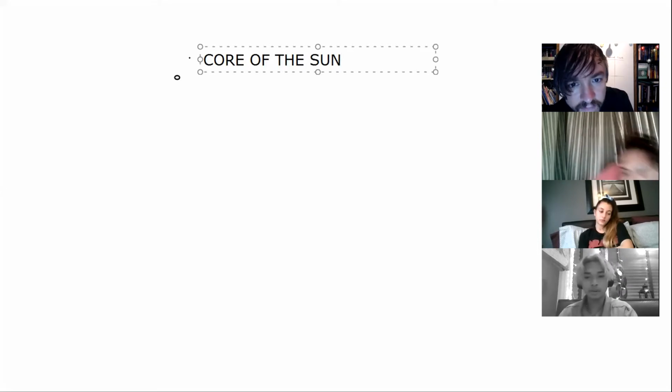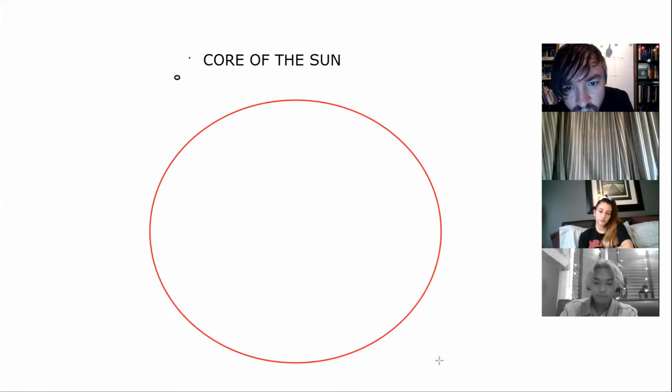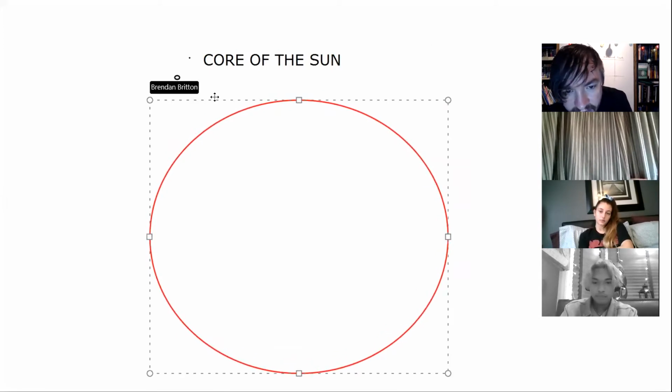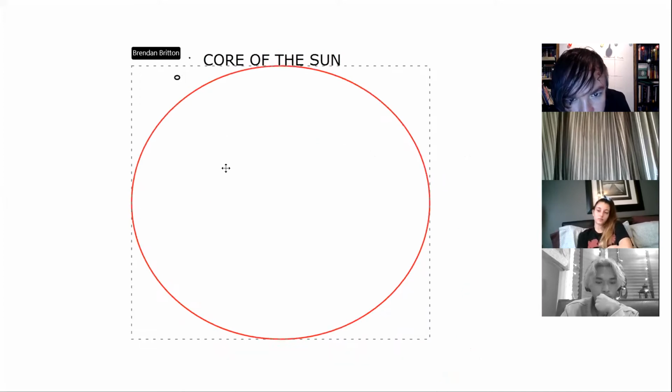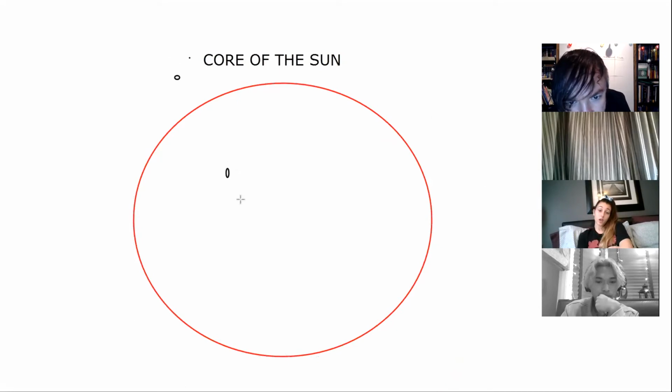And let's start by using a red circle on the outside. So here's the core of the sun, and in this core, we're fusing hydrogen into helium.